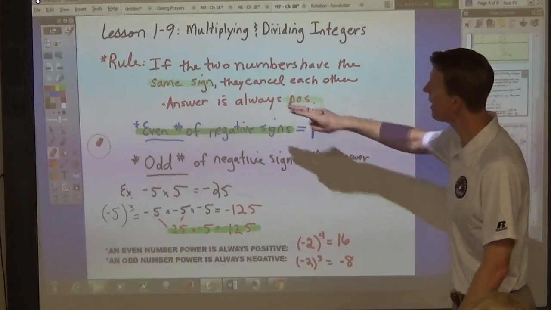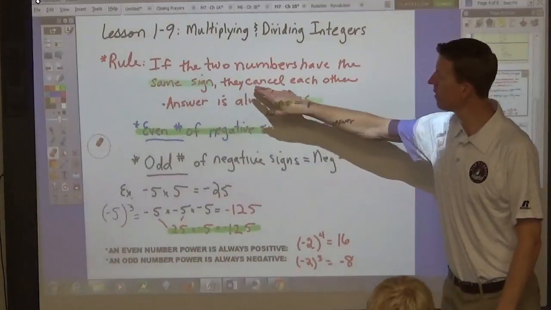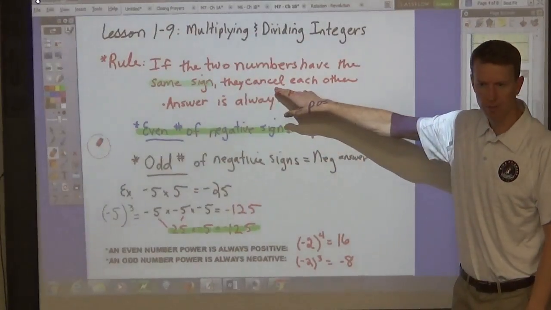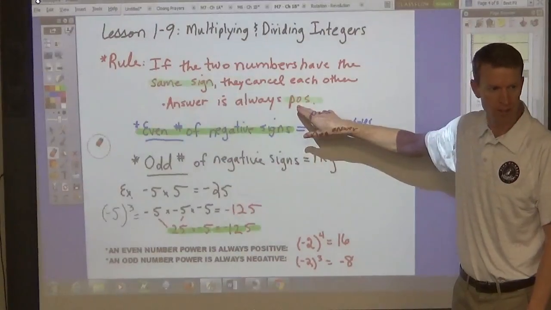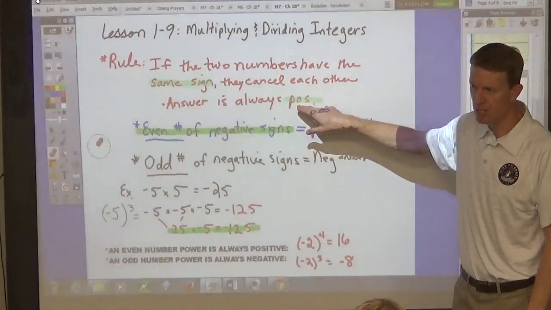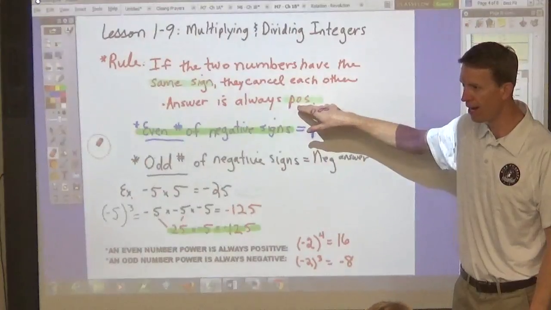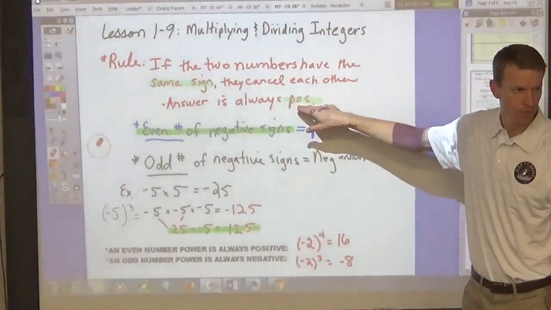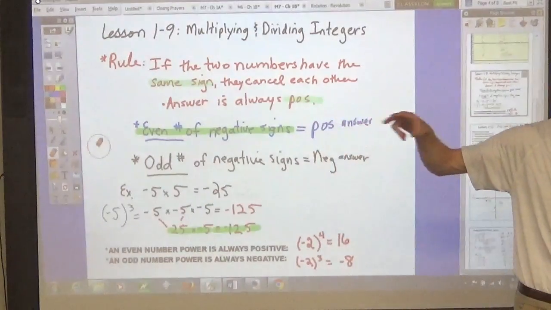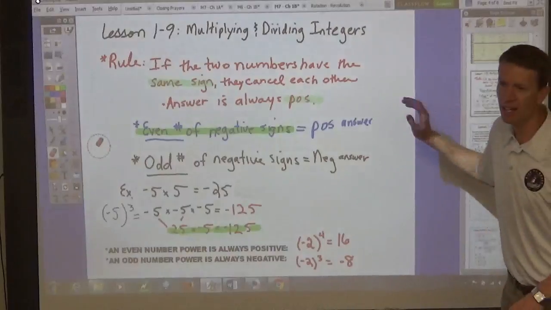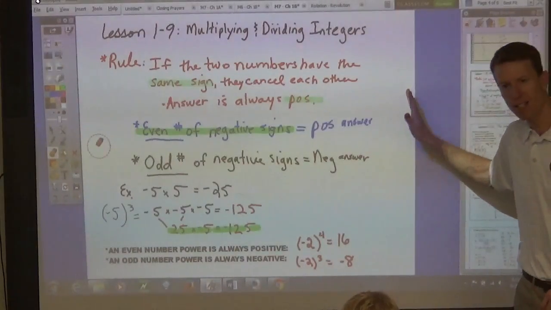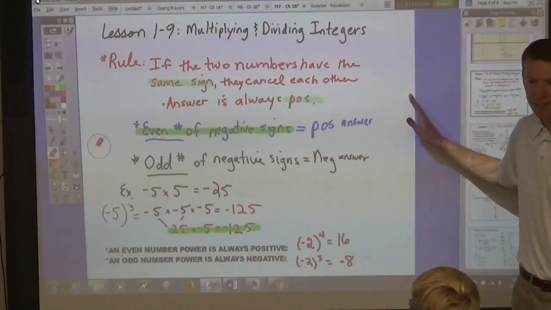If they're both negative, then the negative signs cancel out, and the answer is positive. So negative 5 times negative 5 is negative 25. Or sorry, negative 5 times negative 5 is positive 25. The negatives cancel out.